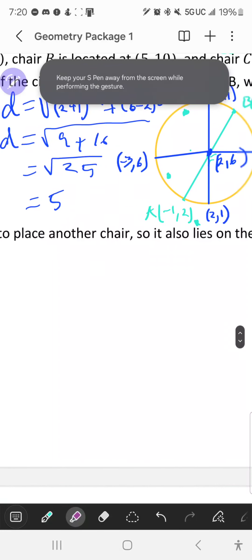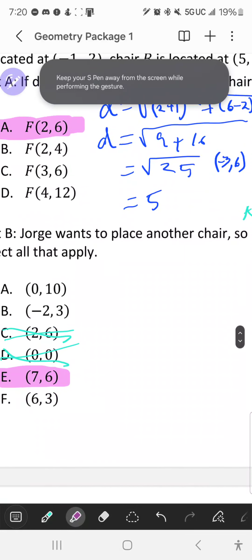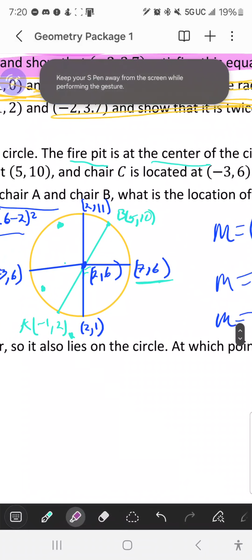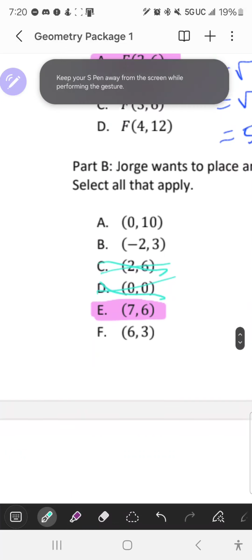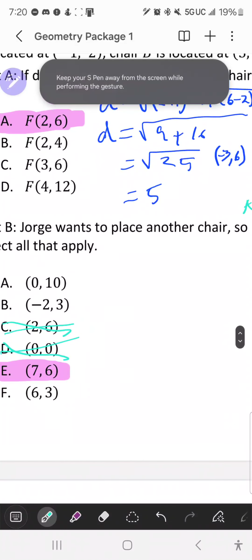It does lie on the circle. And then my other is 6 comma 3. And 6 comma 3, I don't think it does, but it could be over here. Let's check. So we have 3 points that I have to check, which is 0 comma 10, negative 2 comma 3, 6 comma 3.